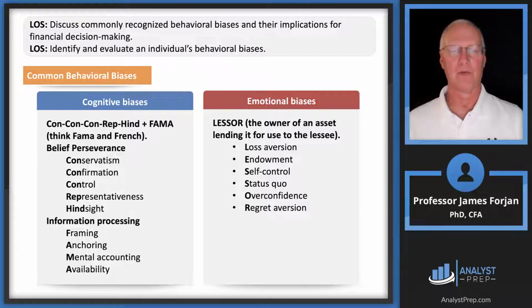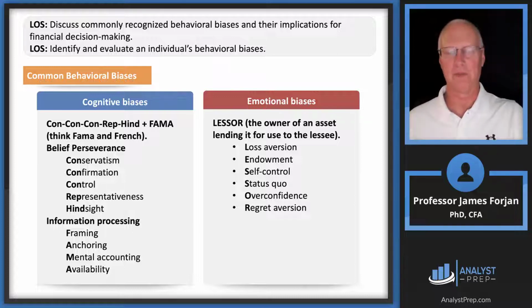All right, so what we've done for you on this slide is to give you a sense of how to memorize these. I know my students and candidates for all types of professional exams like to have a memorization button. So look at the first 3 letters of conservatism, confirmation, and control. So do con, rep, hind, and then you can remember Eugene Fama for the information process.